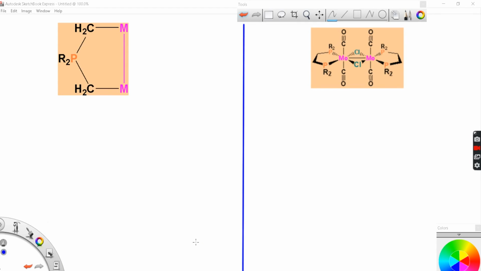The charge and the donation of this ligand attached to M.